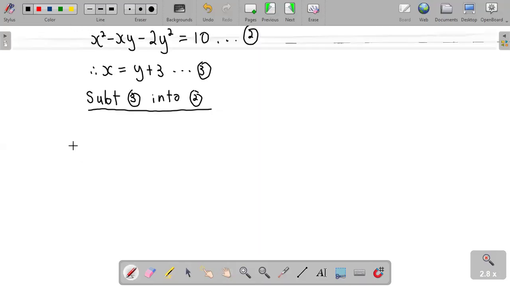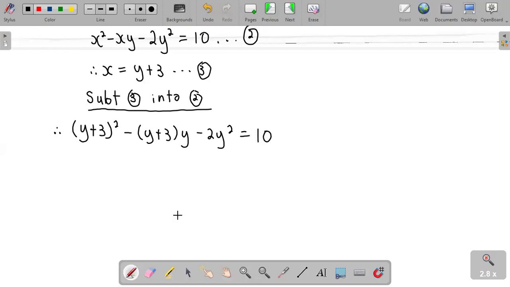We say, therefore, y plus 3 whole squared minus y plus 3, then y, and then minus 2y squared. And then we must solve for y.